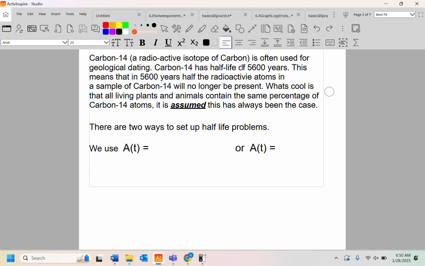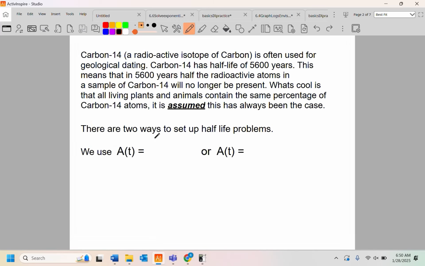Anyways, there's two ways to set up half-life. One of the ways to do it, which is the way I teach it in Algebra 2, is to use that the amount after time passes is the principal times 1/2 to the t over the half-life time. The other way of doing this is using the principal times e to the rt, which is way harder.